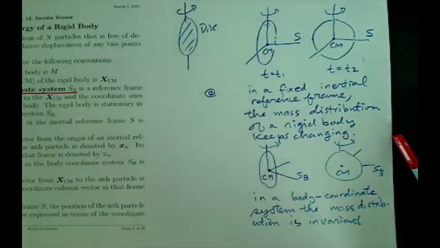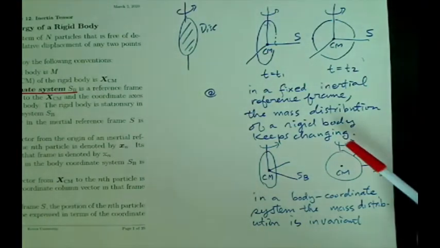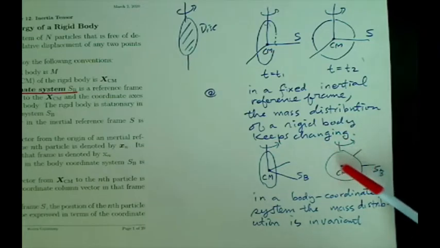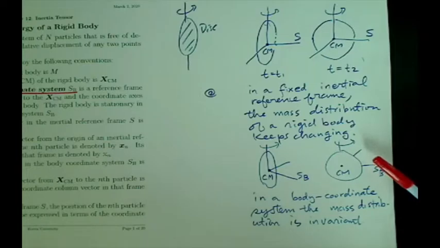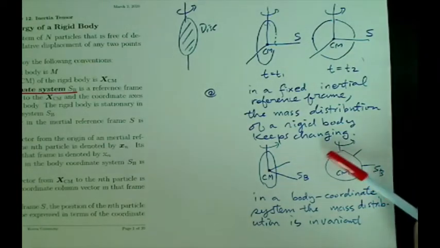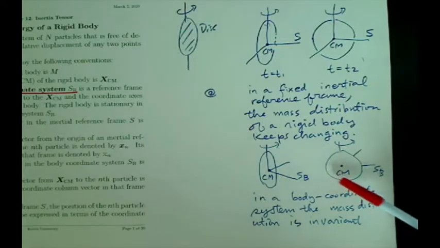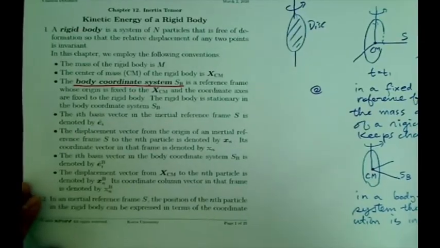In that case, the axes of the reference frame acquire the time dependence, but that can be analyzed quite easily. Instead, because the inertia tensor is computed in the body coordinate system that is fixed to the rigid body, the inertia tensor becomes independent of time. It is quite efficient to make use of the body coordinate system.